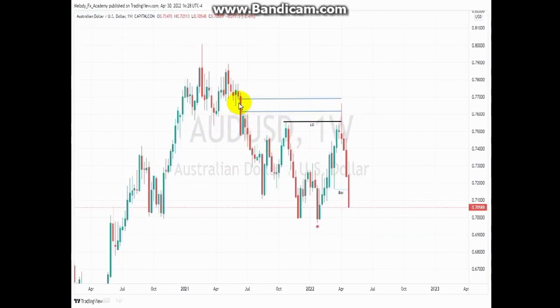This is the fair value gap we reached into on the premium side, and at the same time grabbed liquidity from this old high, then price took off in the opposite direction, reaching for the opposing liquidity.